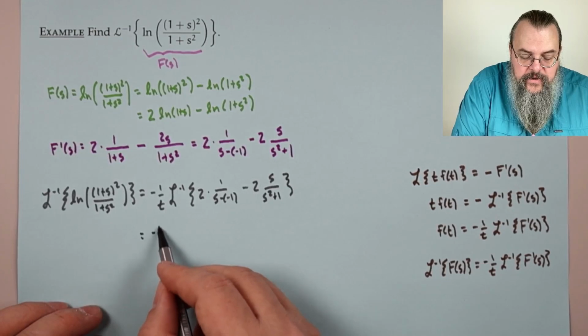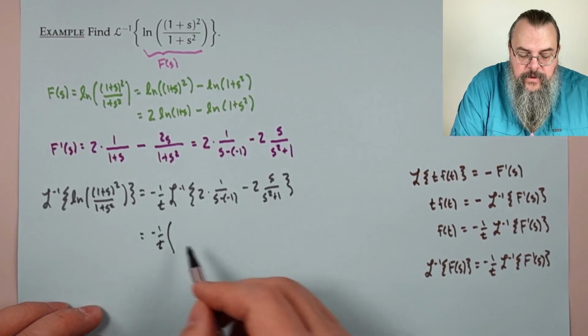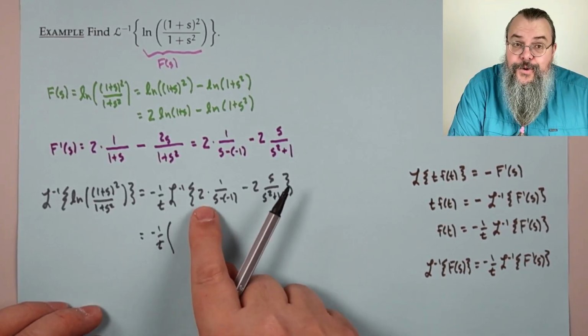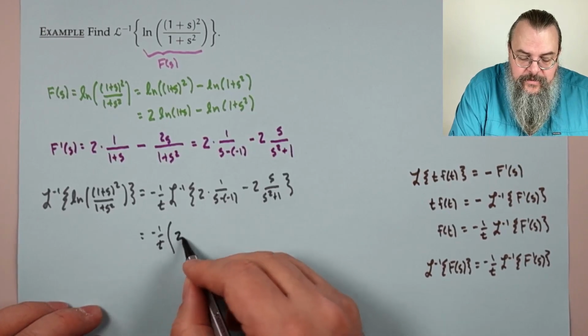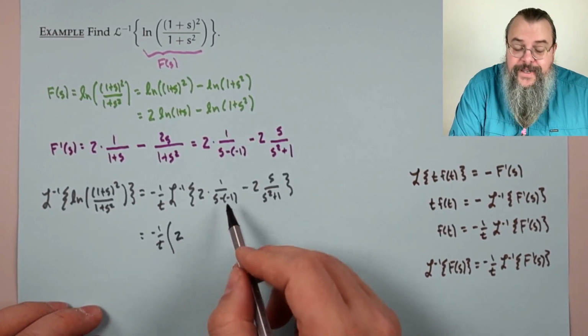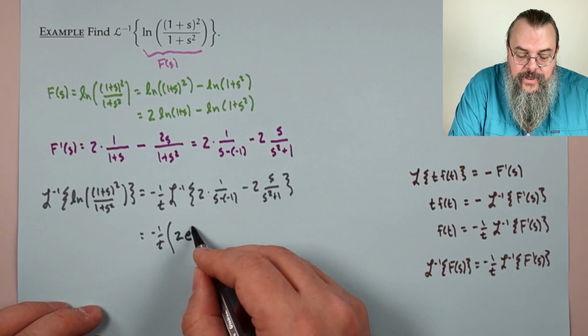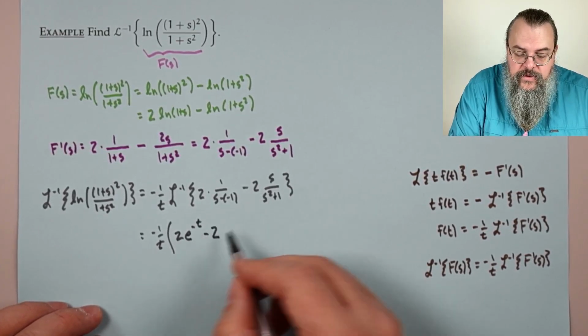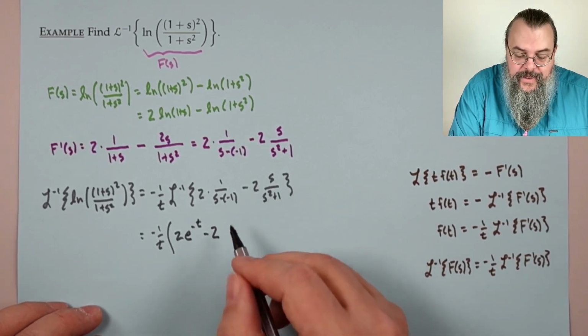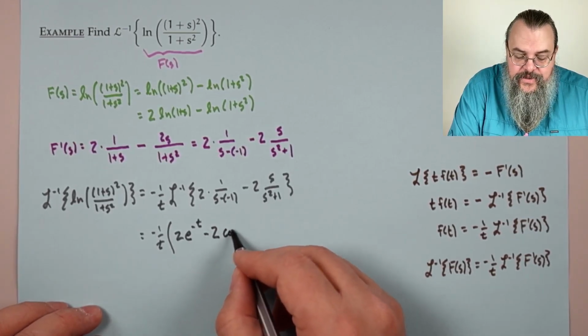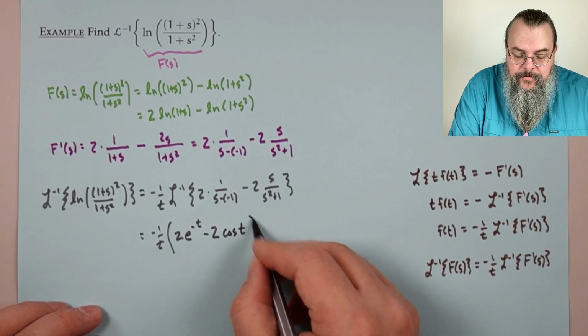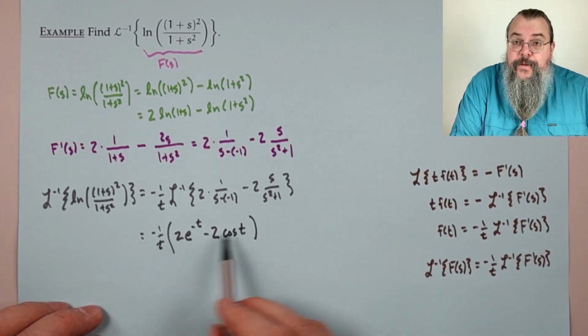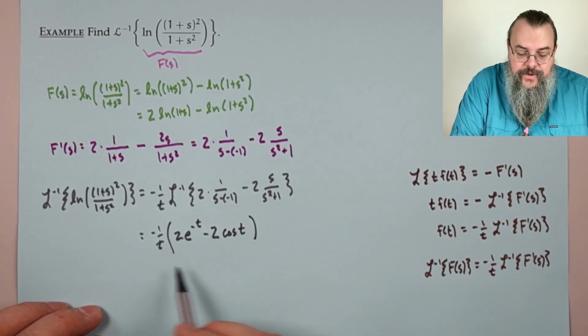And, well, that's minus 1 over t. Well, what do we have? We have a 2, and that comes through. s minus minus 1, that's e to the minus t. And then minus 2s over s squared plus 1 is cosine t. All right, well, we can distribute the minus through and then divide by 2.